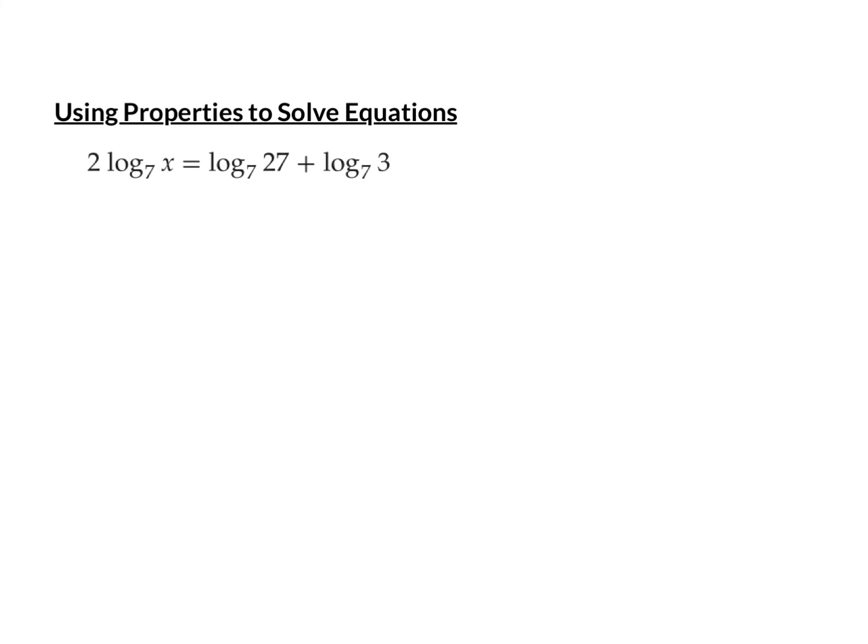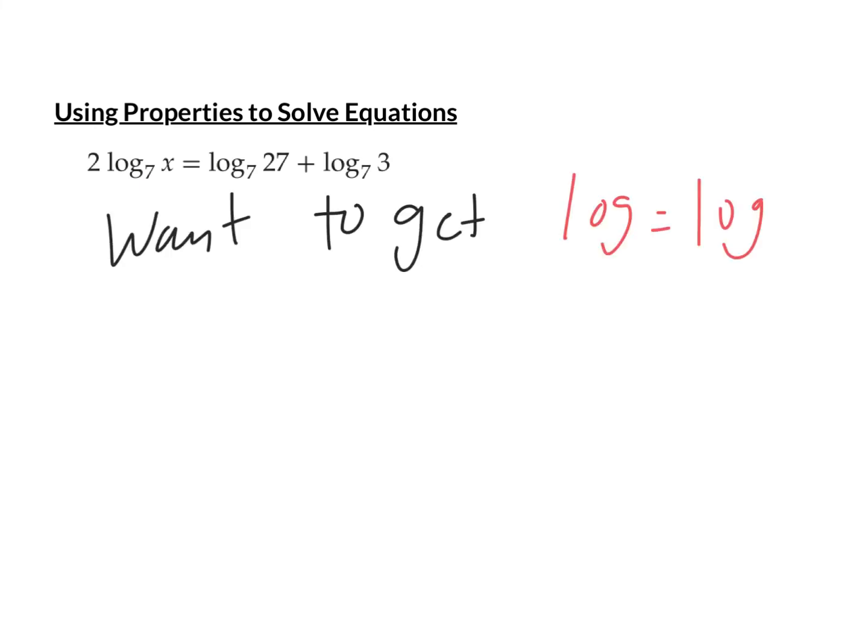So we're going to use the properties backwards to try to create an equation such that we're in movie theater B. Okay? And I will warn you, there has to be logs on both sides in order to go into movie theater B. If there's only a log on one side, we are only in movie theater A.